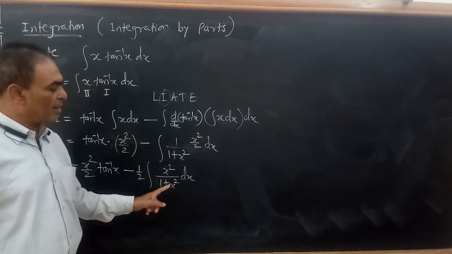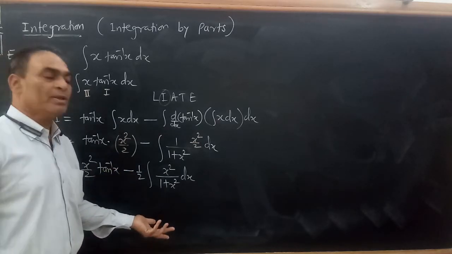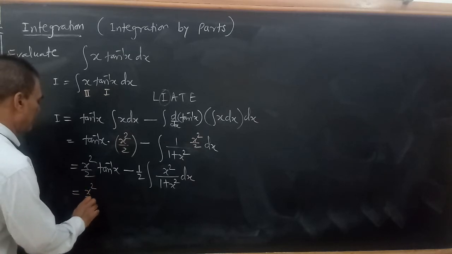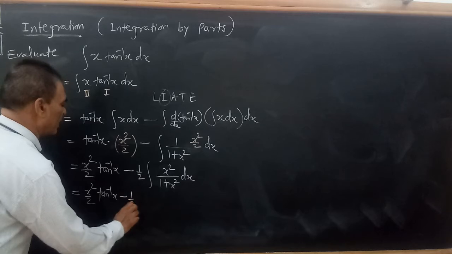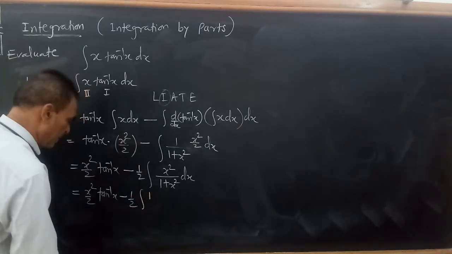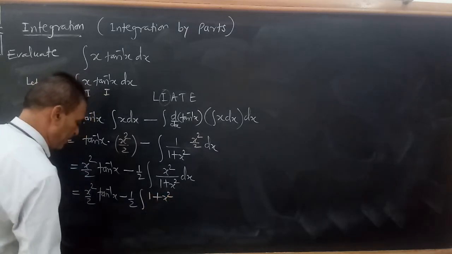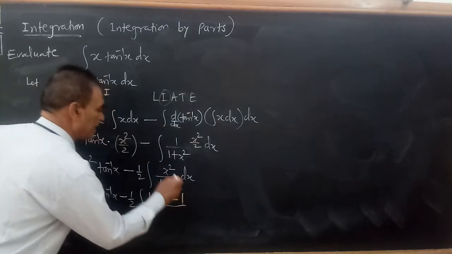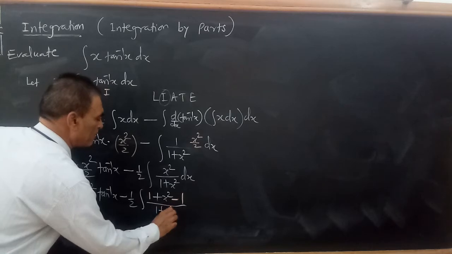Use actual division method or adjustment method, because degree is the same as well as coefficient also the same. If degree and coefficient both are the same, use adjustment method, which is equal to x square by 2 tan inverse of x minus 1/2 integration of 1 plus x square minus 1. This is the adjustment. x square is as it is, plus 1 minus 1, and divided by 1 plus x square into dx.